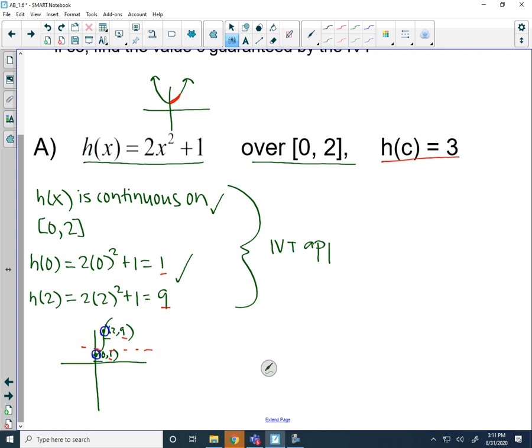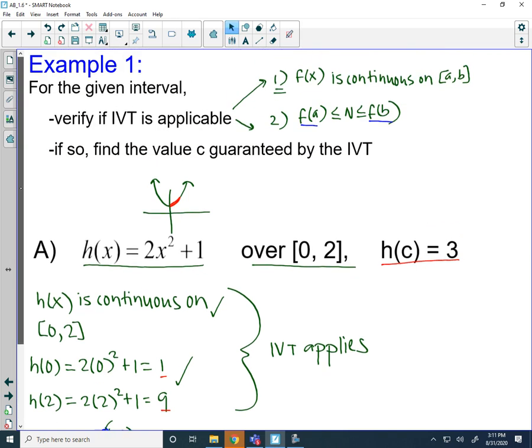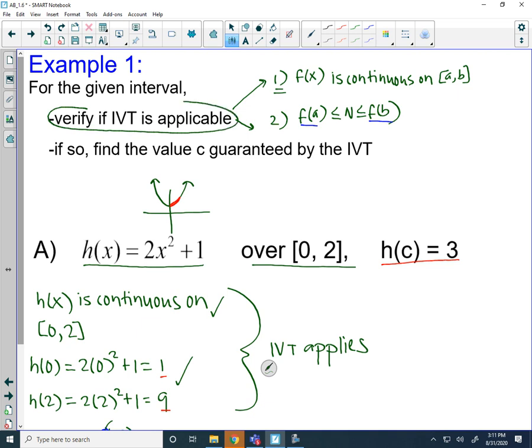In other words, the 2 conditions that we need to use IVT have been met. So we've done this part of the question. We know there's some x value c that will give us a y value of 3 back. Now we're tasked with figuring out what value c that is.